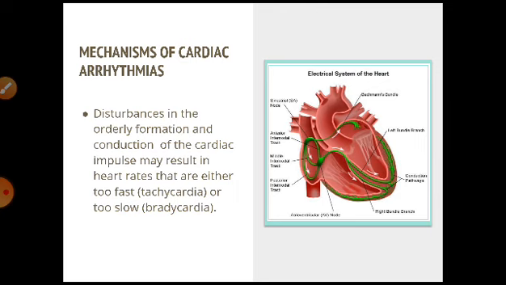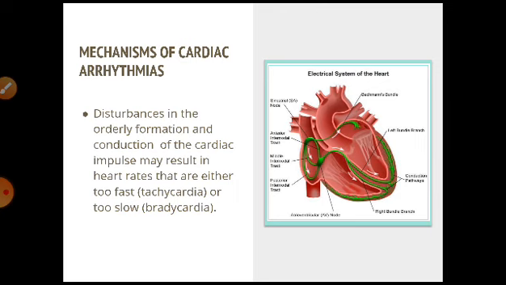In both conditions, the heart becomes arrhythmic. The normal heart beat is around 60 to 100. Whenever the heart rate goes below 60, it is an abnormal rhythm, and if it goes above 100, it is also an abnormal rhythm.